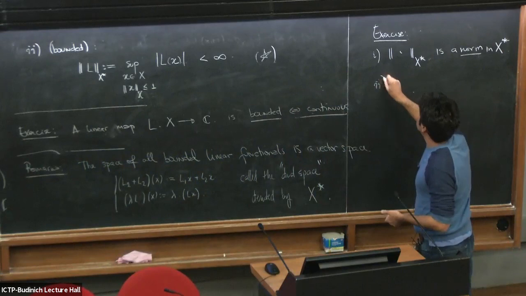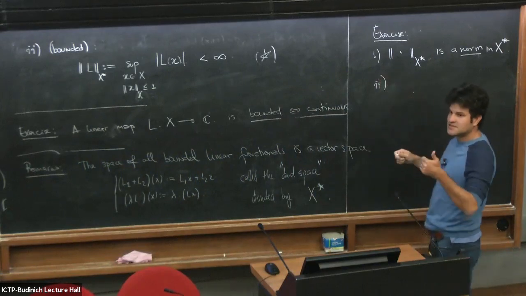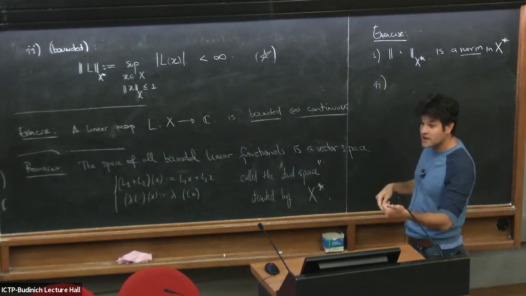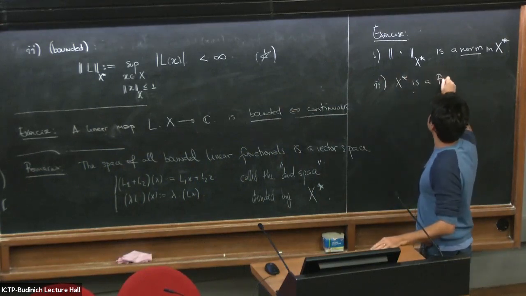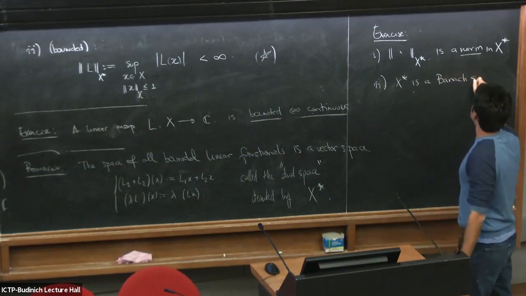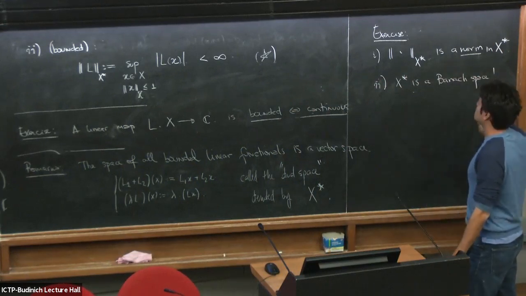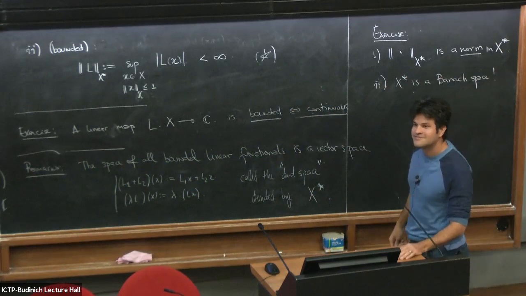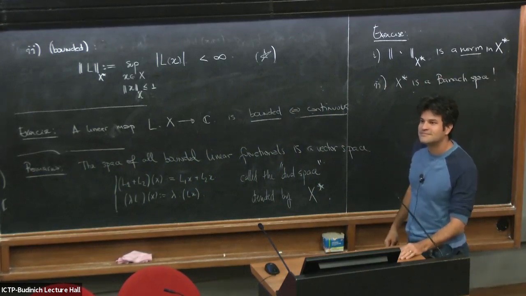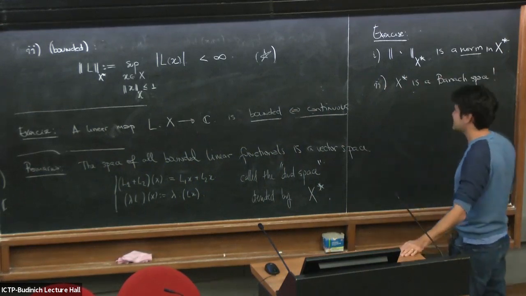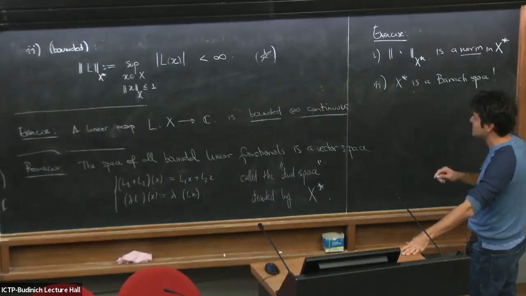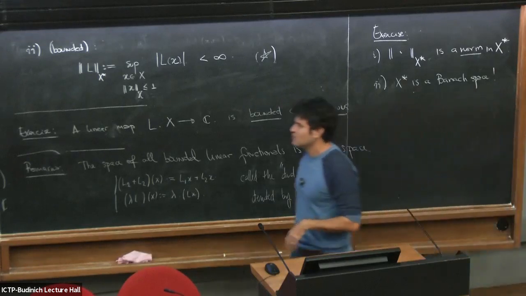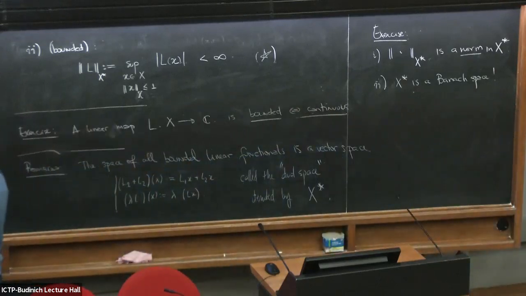The second part of this exercise is to prove that this space, which is now a normed vector space, is actually a Banach space. Yes, exactly, very good. In fact, for this second statement, you can even start with X being just a normed vector space.